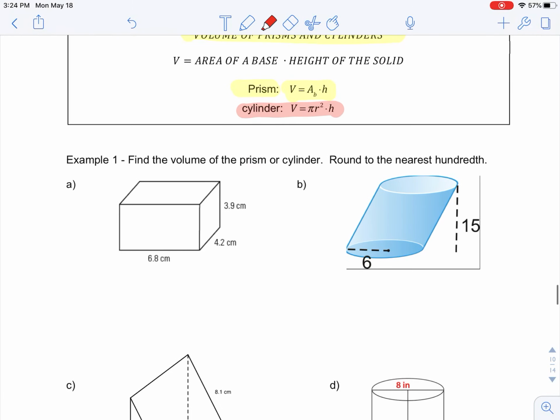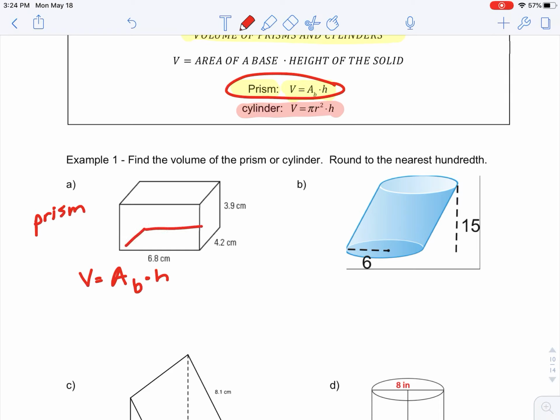So this first one is a prism, right? Rectangular prism. So I'm going to use this top formula, area of base times height. If I think about the base of this, it's this space down here at the bottom. That's a rectangle.